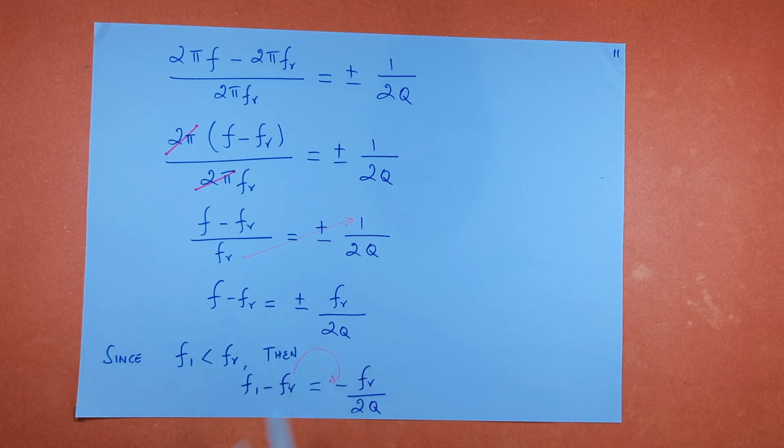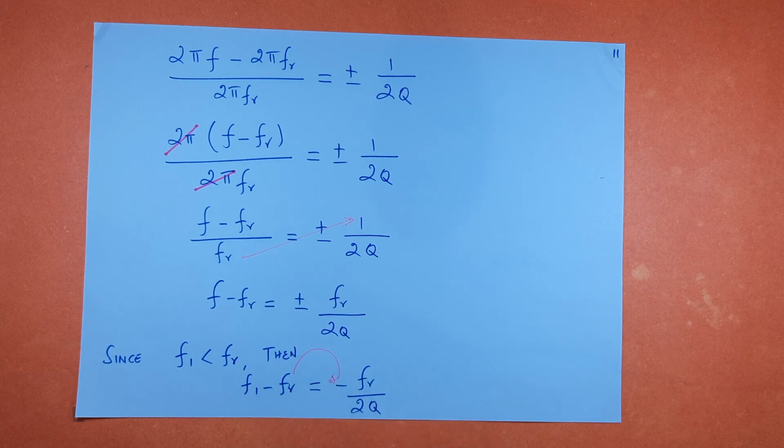As we have already seen, this f1, the lower cutoff frequency or lower half power frequency, is obviously less than fr. So you can write f1 minus fr equal to, for this condition, minus fr by 2Q.